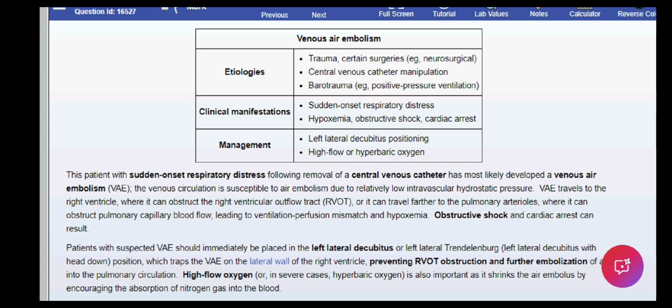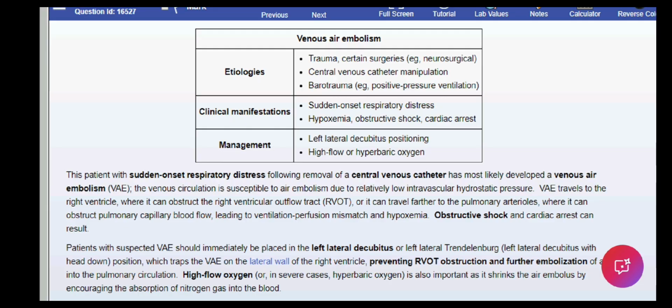We have sudden onset respiratory distress with hypoxemia and obstructive shock with cardiac arrest. When you see this together with these etiologies, this is venous air embolism. The most important thing is left lateral decubitus positioning, or high flow or hyperbaric oxygen.